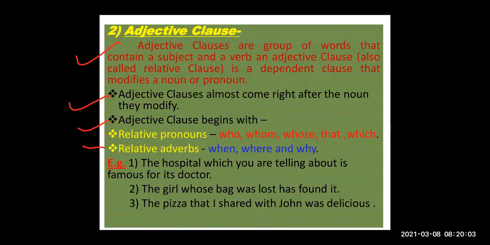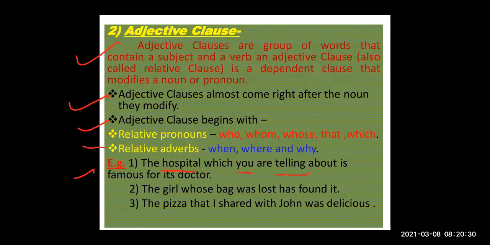Just see our example. The first example is: the hospital which you are telling about is famous for its doctor. Now in this sentence, which is the noun? Hospital is the noun. Okay. You is the subject and telling is the verb. So what definition have we seen?